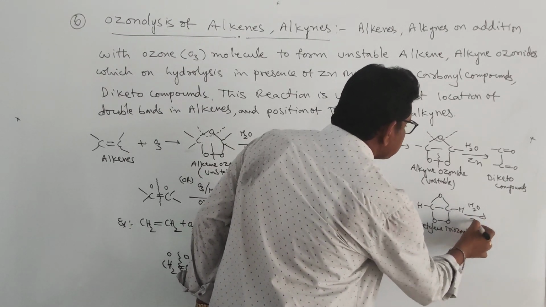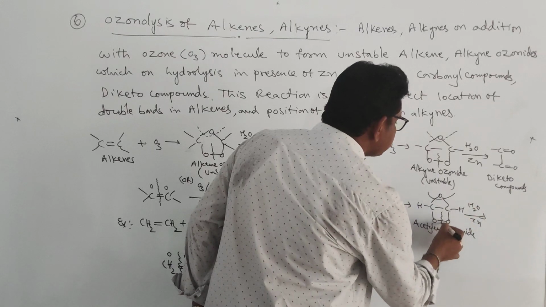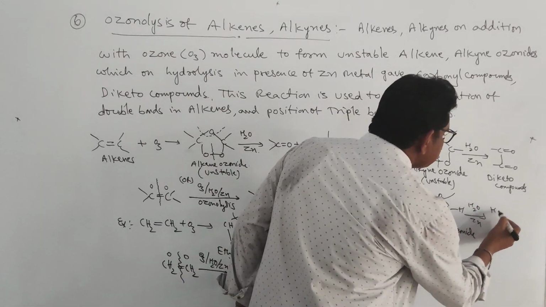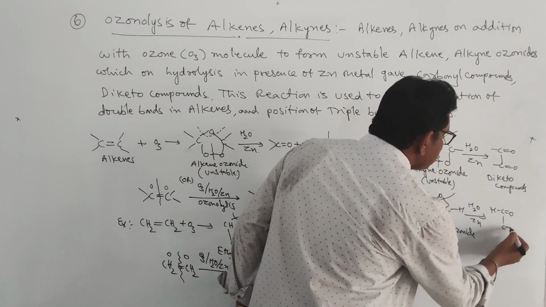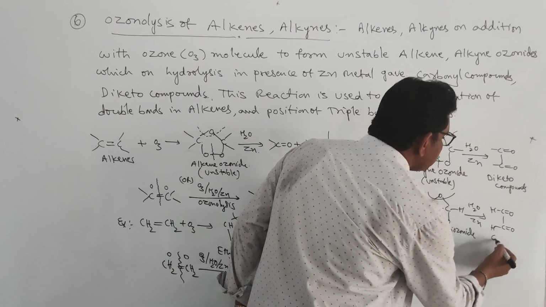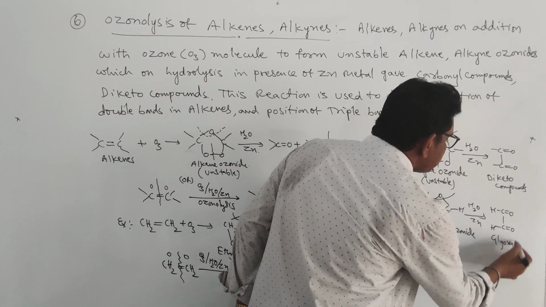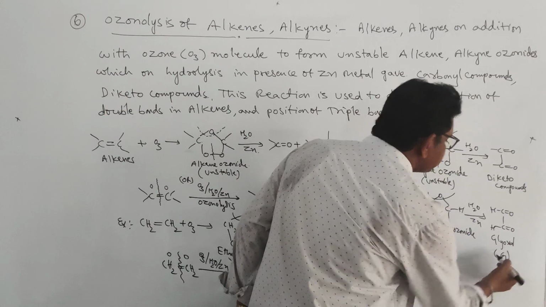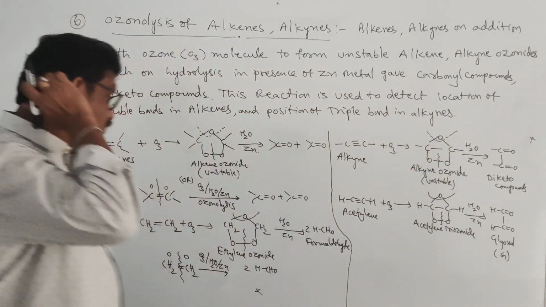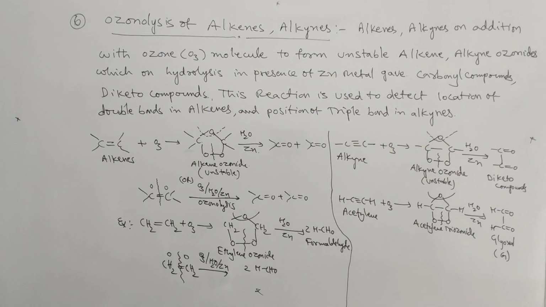On hydrolysis in presence of zinc, cleavage takes place like this. You are getting HC double bond O, HC double bond O. This is called glyoxal.